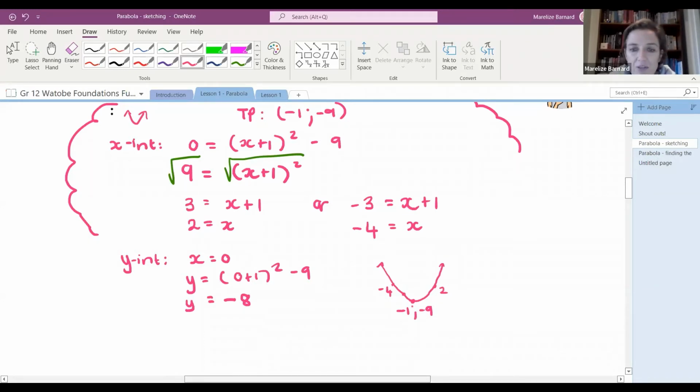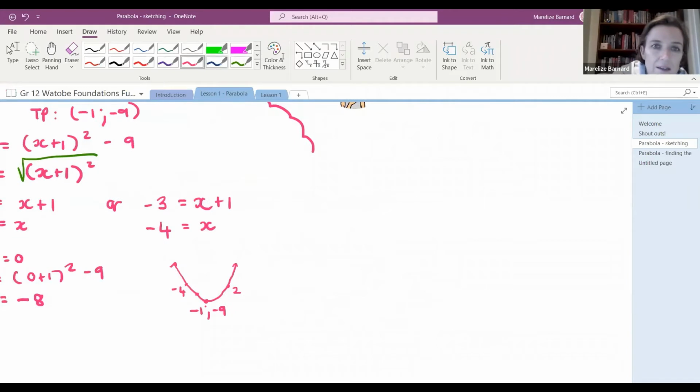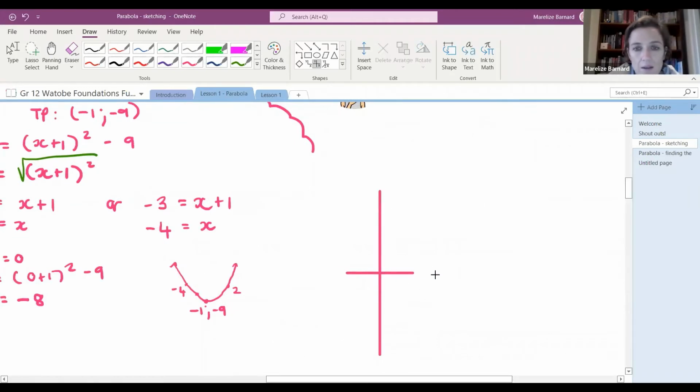Okay, so let's put that on our axes, and I'm going to do it over here. Happy face. Our turning point is going to be on this side. Sorry, that y-intercept is going to be on this side at -8. Yeah, that's better. Okay, so wait, I'm going to redraw that.